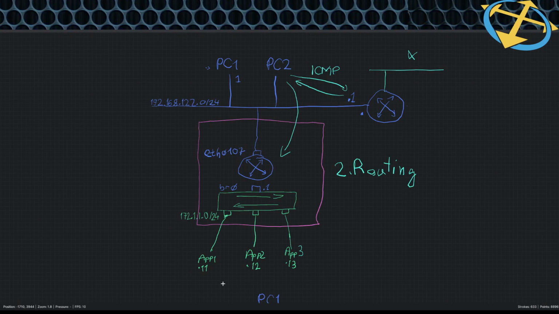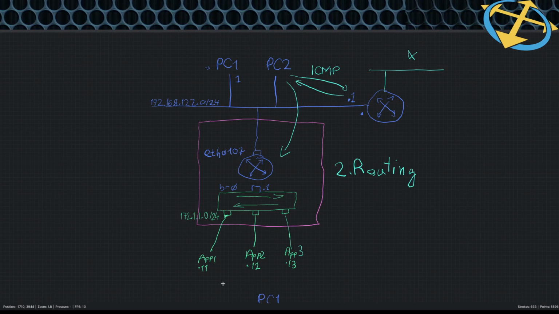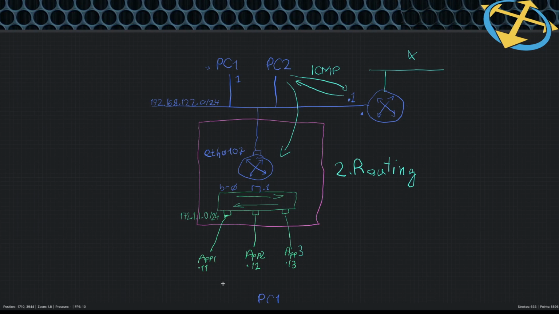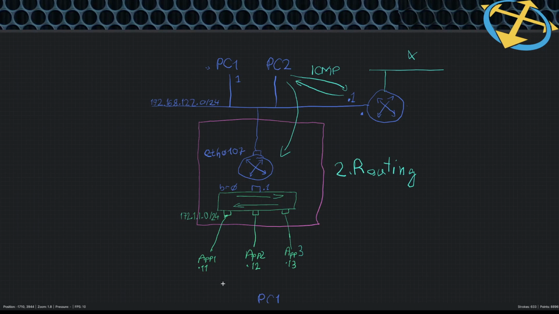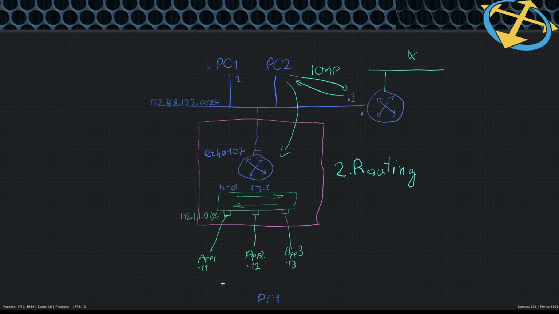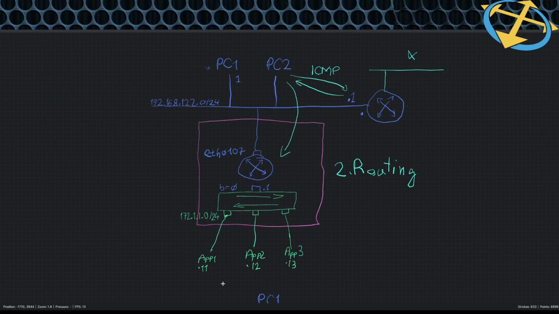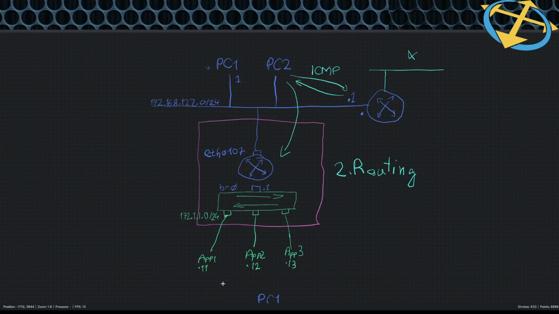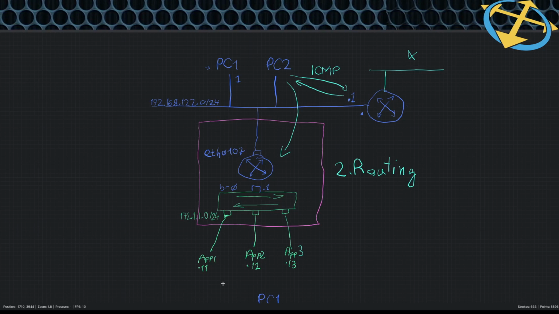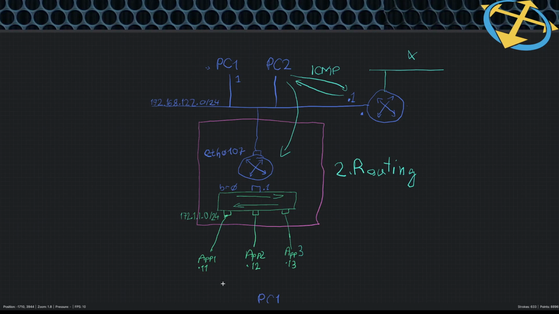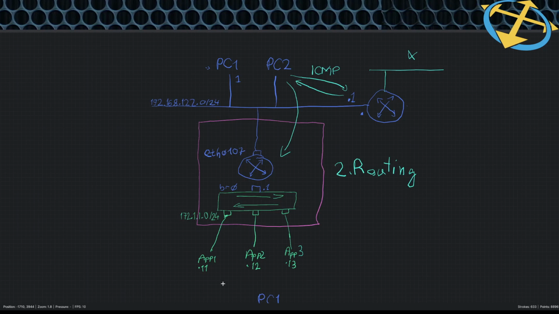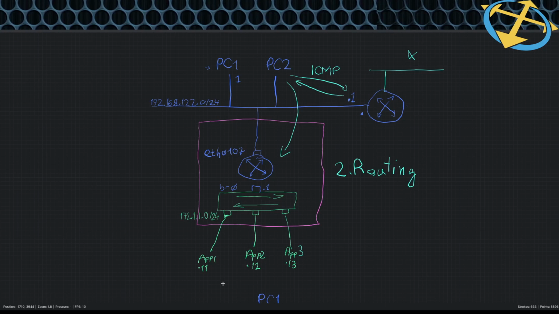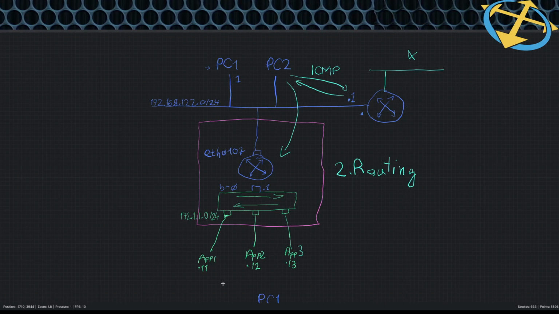bridge Docker network, which is called BR0, and I will put the physical interface from the host. I will configure it as a slave for this bridge interface. So all these green interfaces are basically slave interfaces, and this blue interface is the master interface, and it's called BR0.